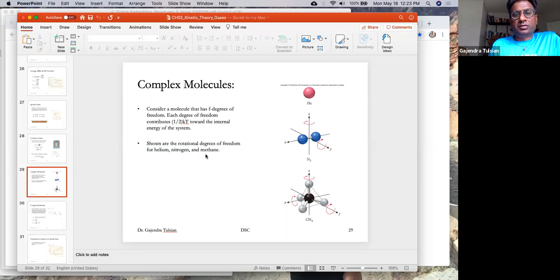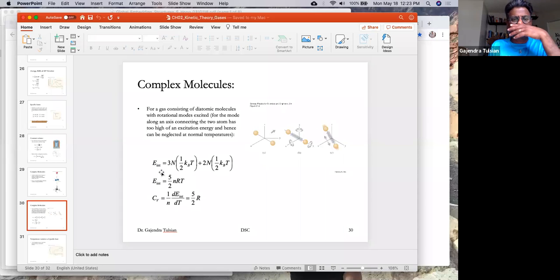Shown are the rotational degrees of freedom for helium, nitrogen, and methane. So this is for a diatomic gas. This is the translational degrees of freedom, and these are the 2 rotational degrees of freedom.